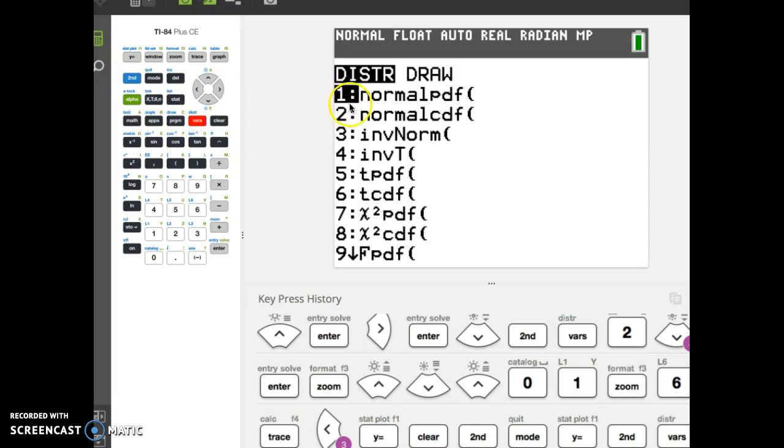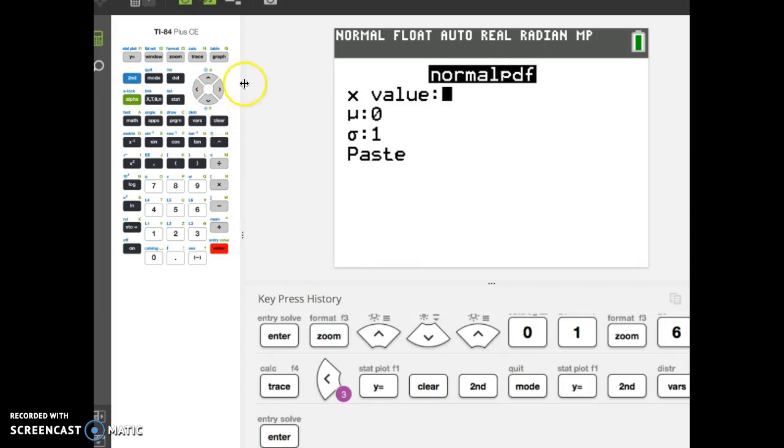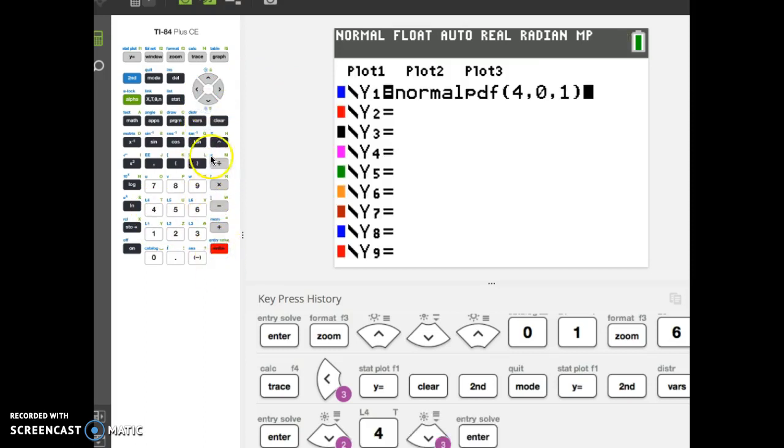You want to pick the first option, normal PDF. You can just go down and hit paste. It doesn't really matter what number you put because we're going to delete this later. Go back here and delete everything after this, and then just press X.